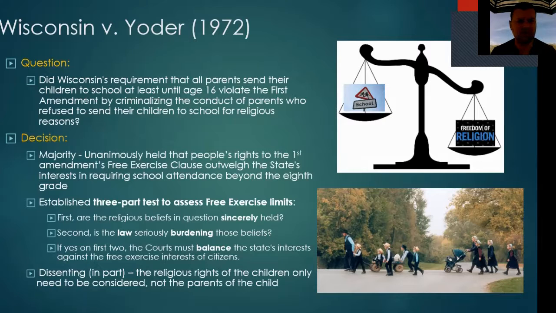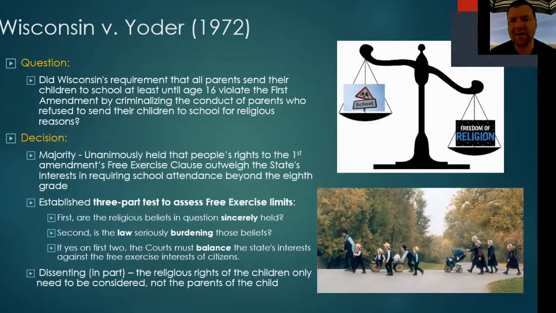It went against their religion to keep them in school that long, because at that time they wanted them to be homeschooled starting after 8th grade. So they didn't want them to go to high school because they felt it was against their religious beliefs to send them into those environments.